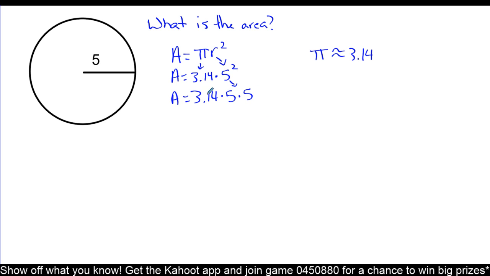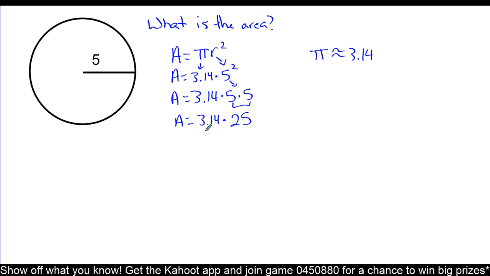Now, since this is all multiplication, it does not matter which order you do this in, but if it was me, I would always save the pi part for last. So I would always do this 5 times 5 first. So 5 times 5 is 25 times 3.14.